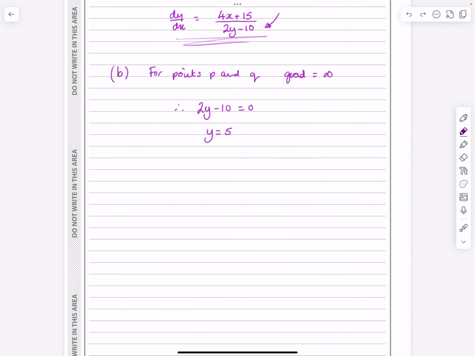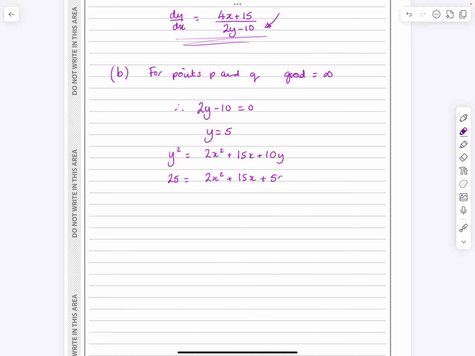So just remind yourself what the original equation was, y squared is 2x squared plus 15x plus 10y, but y is equal to 5, so we get 25 is equal to 2x squared plus 15x plus 50 there.